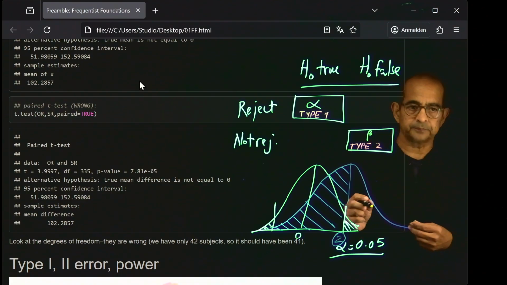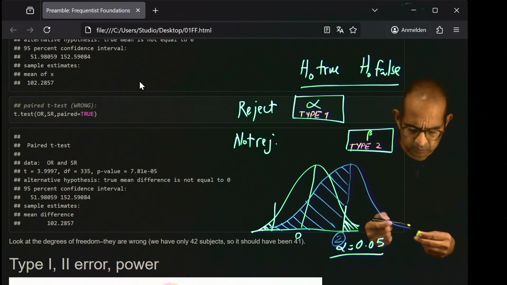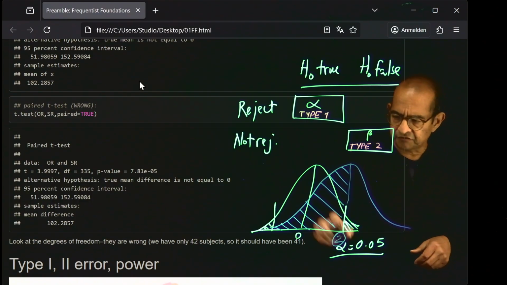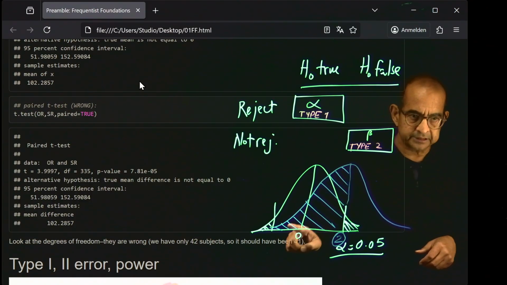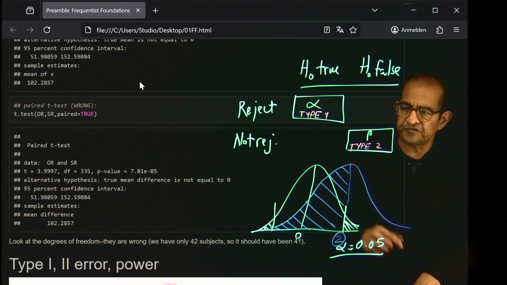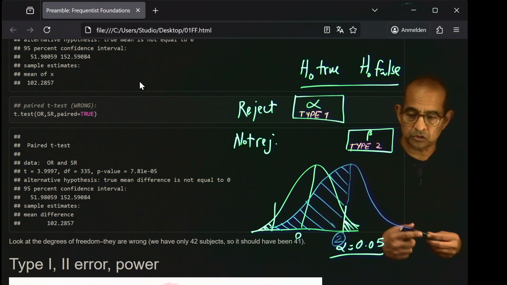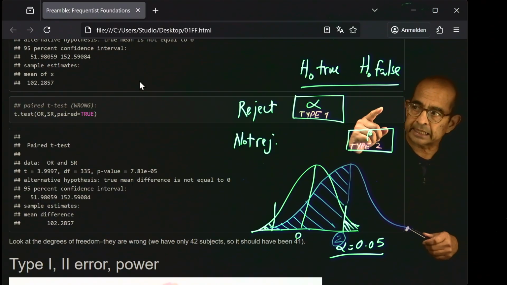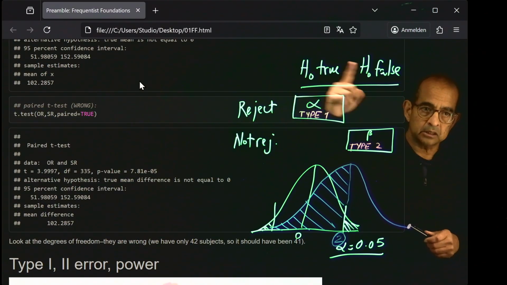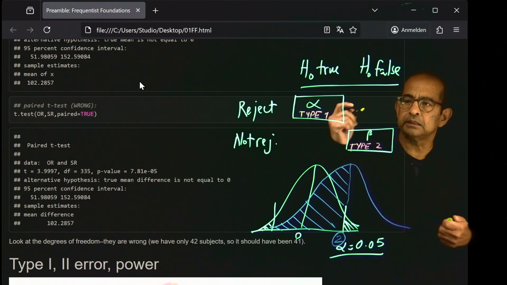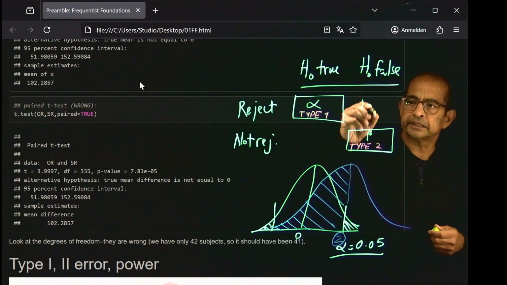The Greek letter beta. One interesting thing about this is that if this blue shaded region represents type 2 error probability, which is the probability of failing to reject the null when it's actually false, what is the probability of correctly rejecting the null when the null is false? That probability would be 1 minus beta.